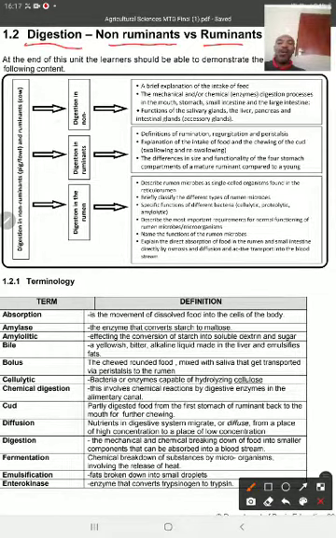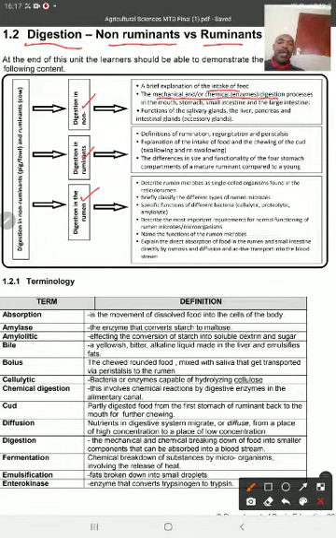And as usual, we're going to start looking at the mind map. We're going to first look at the digestion in non-ruminants and digestion in ruminants. And then here, the intake of feed, also the difference between mechanical and chemical digestion processes, mechanical being chewing and chemical by enzymes. You know that.